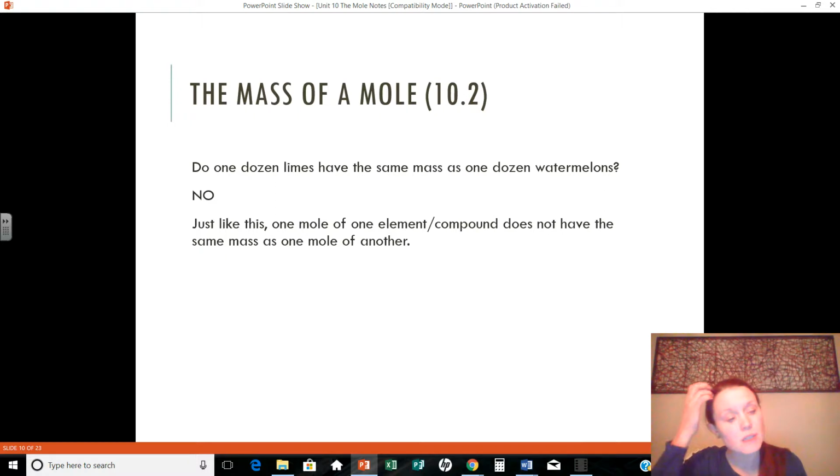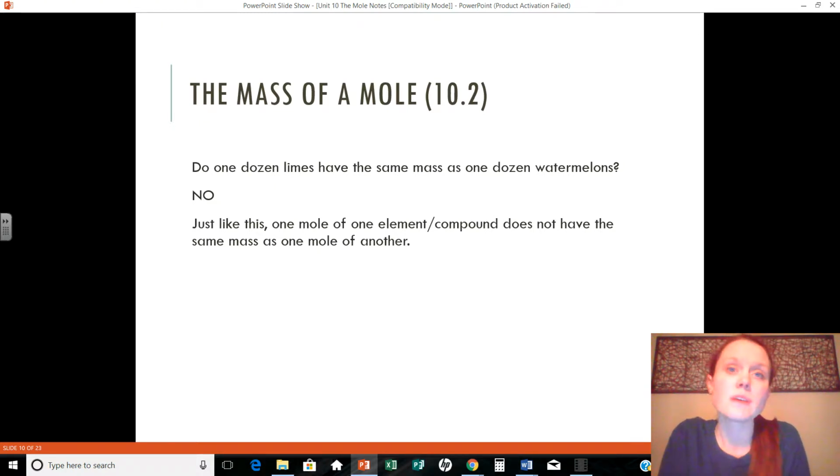So 1 mole of something is Avogadro's number. It's 6.022 times 10 to the 23rd of that particular thing. However, because a mole is a counting unit, 1 mole of carbon does not necessarily have the same mass as 1 mole of hydrogen.